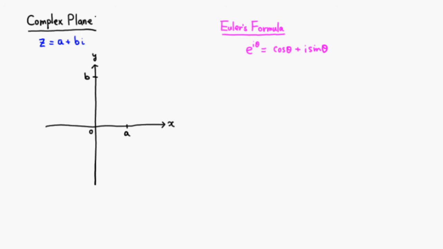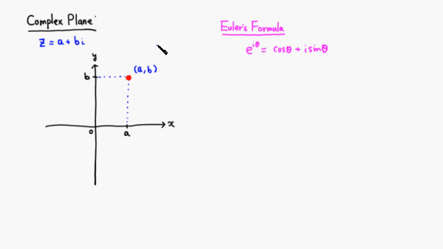Then we can locate a point right there. So this represents a plus bi. If you write it as an ordered pair, we can write it as (a, b).